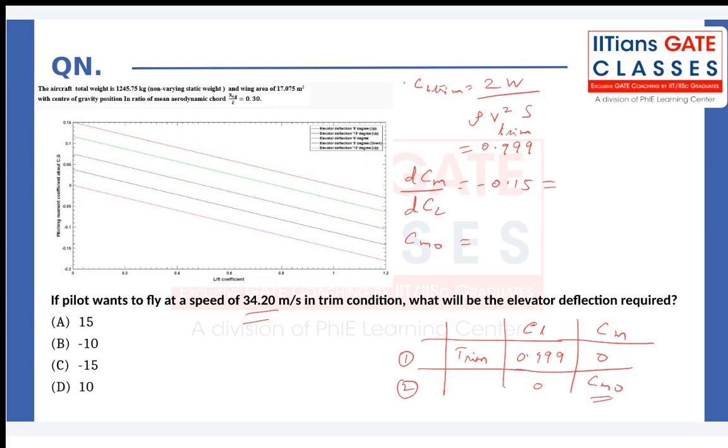Does it come as 0.1485 or exactly as 0.15? One minute, let me just check.